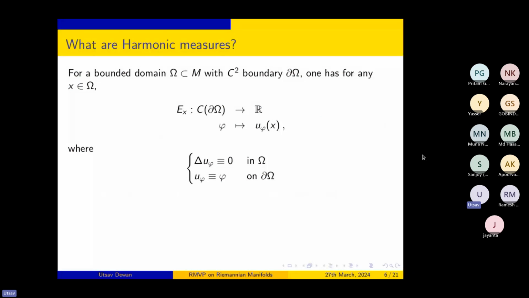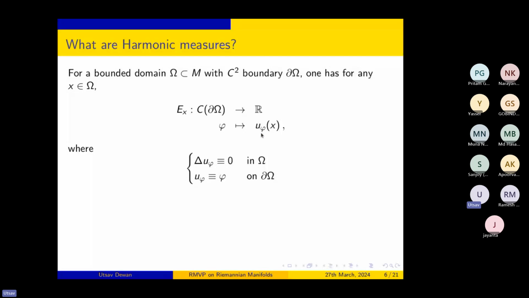So what are harmonic measures? For a bounded domain omega in M, say with sufficiently regular boundary, say C2 boundary del omega, one has for any x in omega this evaluation map E_x: take a continuous function phi on del omega and look at U_phi, the harmonic extension of phi on this domain. So the Laplacian of U_phi is identically 0 in omega, and U_phi agrees with phi on the boundary.